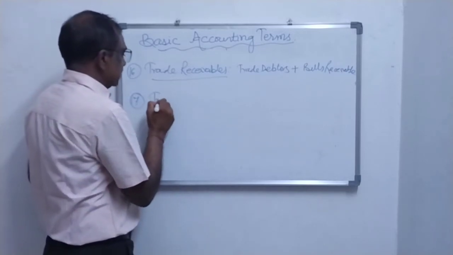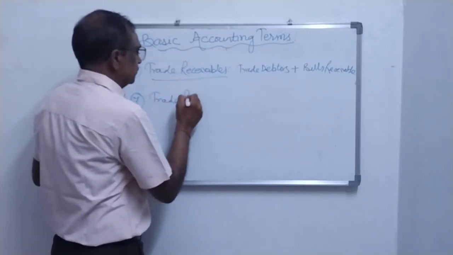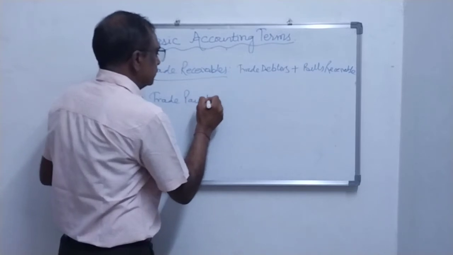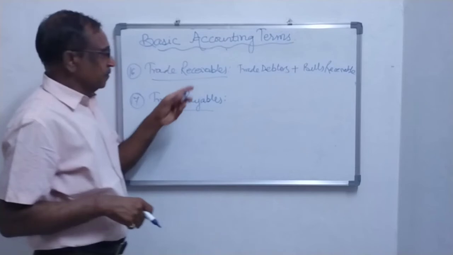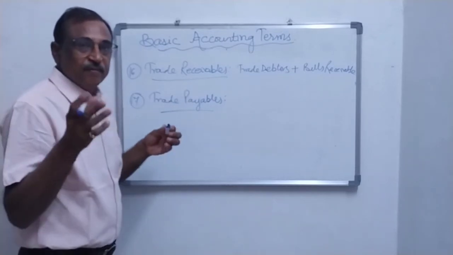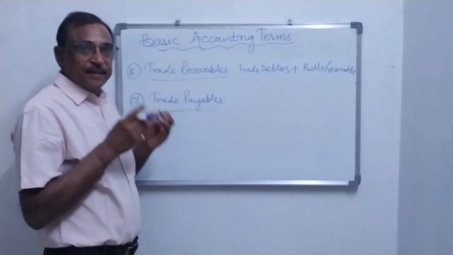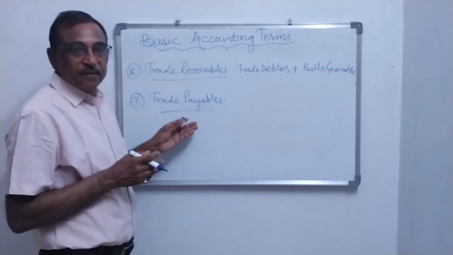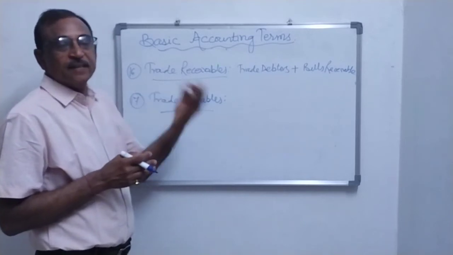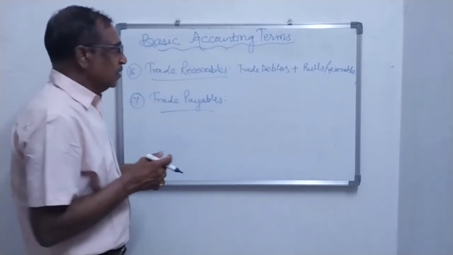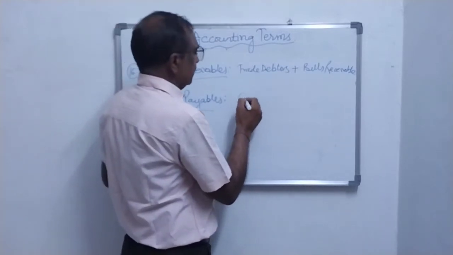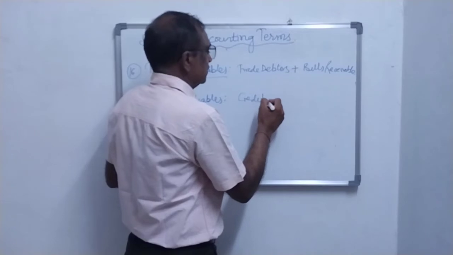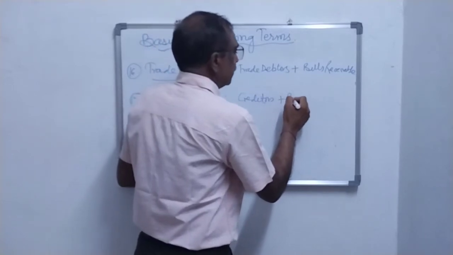Trade payables. Opposite of trade receivable is trade payable. Similarly, whenever you enter into credit purchases, then you have to pay at a later stage. So you will have creditors, trade creditors, plus bills payable.